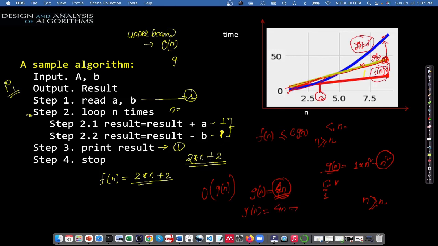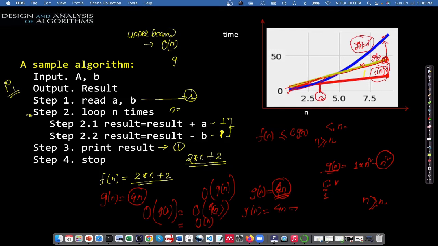So in this case, we can take a function g(n) equal to 4n, and that will be the upper bound for the function f(n), the time complexity of this given algorithm P1. So we can write big O of g(n), where g(n) equals 4n, so big O of 4n. In practice, we can ignore the constant 4 and write order of n.